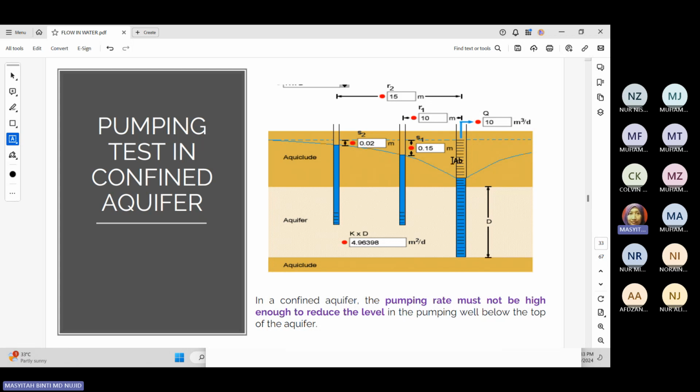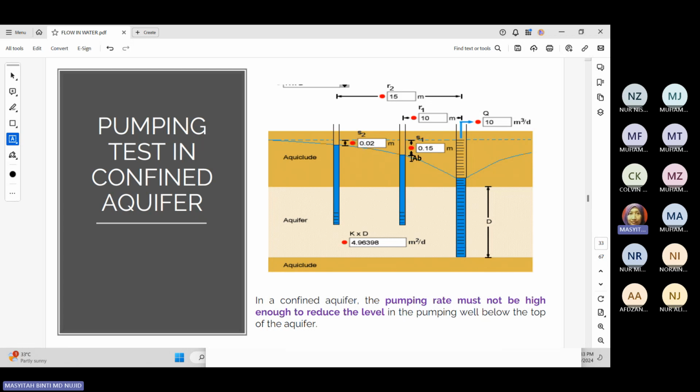So you can see macam mana dia punya well arrangement. Pumping well kita ni selalunya dia akan landed at the hard stratums lah. So dia ada D is the thickness layer of the aquifer. And then you akan measure S1 dan juga S2.